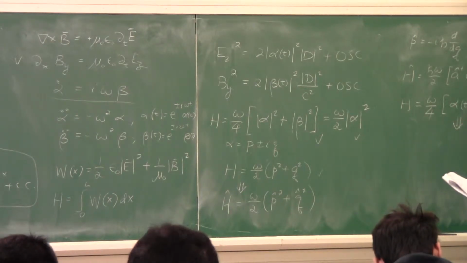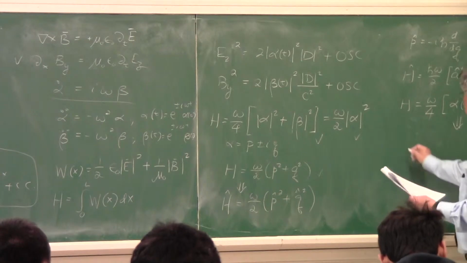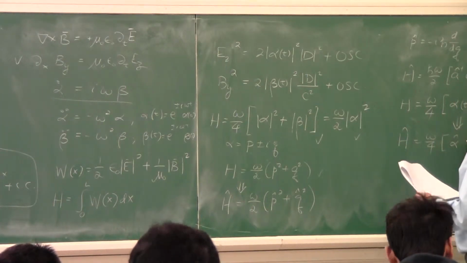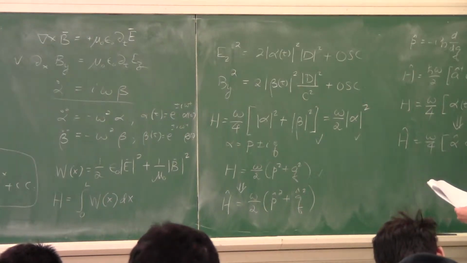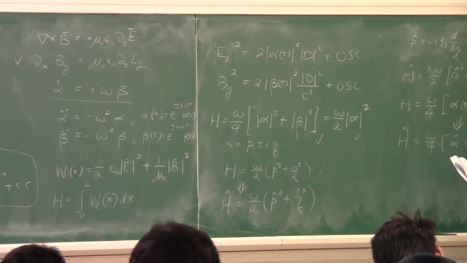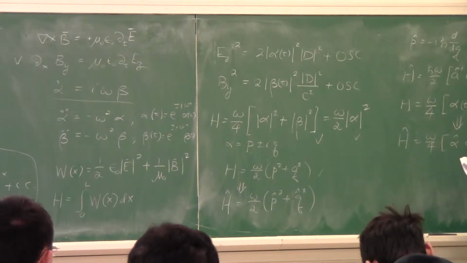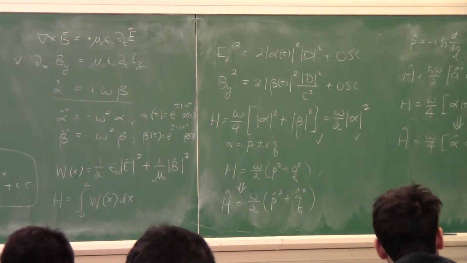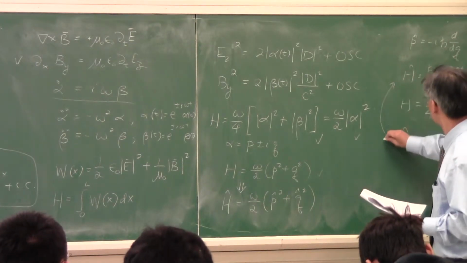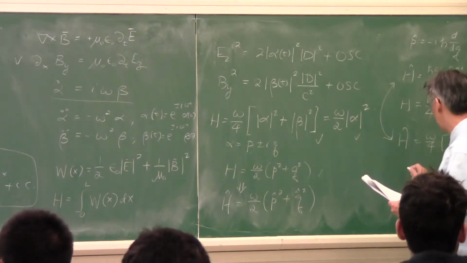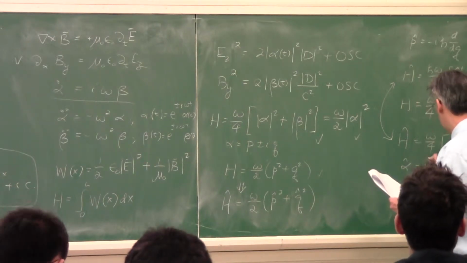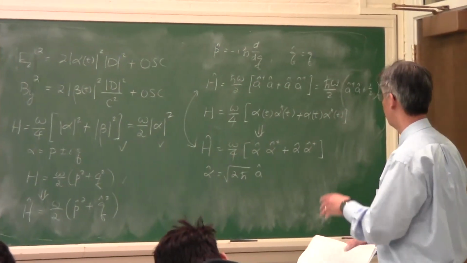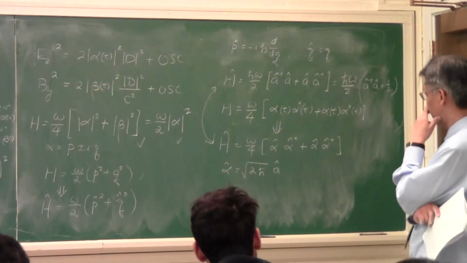And then I elevate this to a quantum Hamiltonian, it should be omega over 4, alpha hat alpha dagger hat, plus alpha hat dagger alpha hat. Okay, if I elevate them, then I can make a comparison between these two and say that my alpha hat must be equal to root 2 h bar a hat. Okay, my alpha hat must be equal to root 2 h bar a hat.